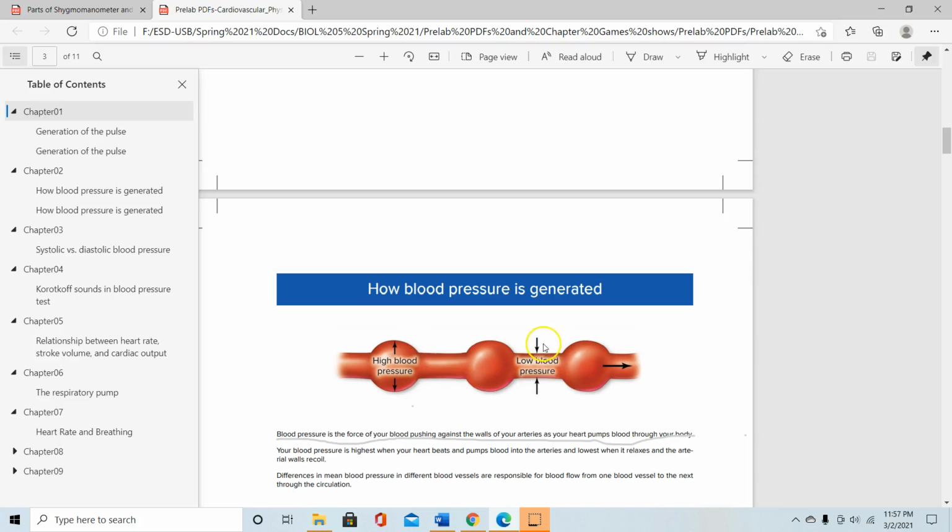During the relaxation phase, it is low blood pressure, and that is called diastolic blood pressure. So if somebody's blood pressure is 120 over 80 millimeters of mercury, that means 120 millimeters of mercury is systolic blood pressure, and 80 millimeters of mercury is diastolic blood pressure. Okay.